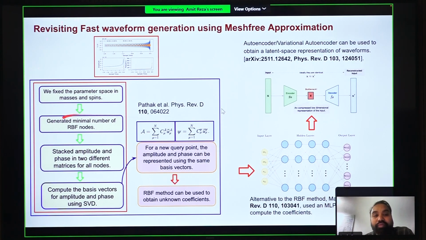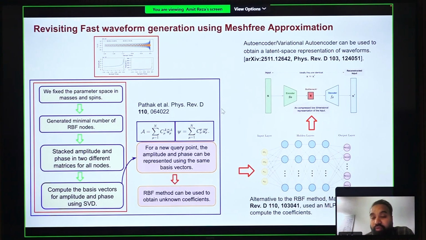In the classical setup, as I said, we need a minimum number of nodes because you need to perform the SVD. Whereas with the machine learning model, we fix the space or make the boundary, and then generate the training data set randomly. So you need to span the space, and you need to choose a lot of data to train the model.